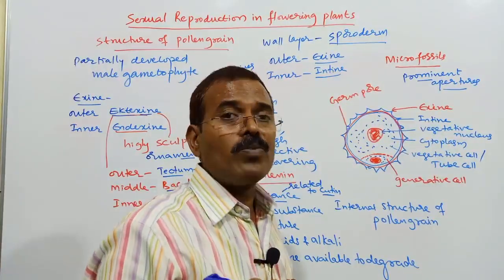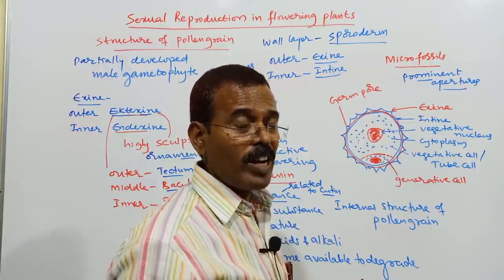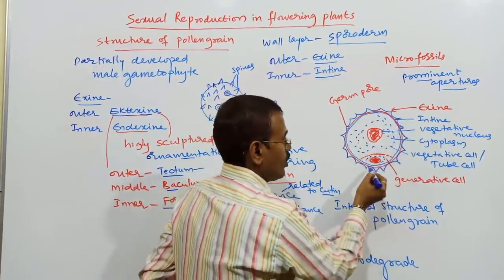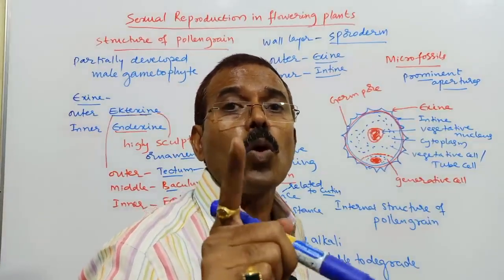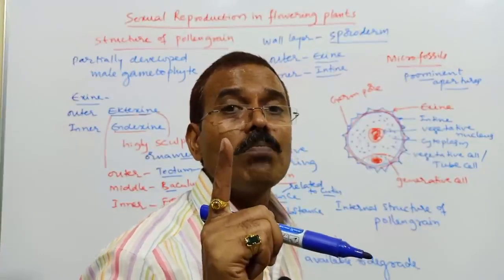The number of germ pores is variable. Remember that. This is the region where the germ pore is there. That is the region in the exine where sporopollenin is absent. Sporopollenin is absent in the germ pore region.